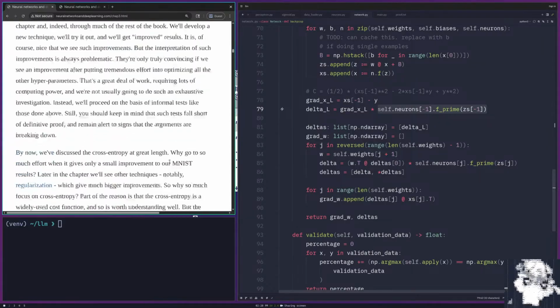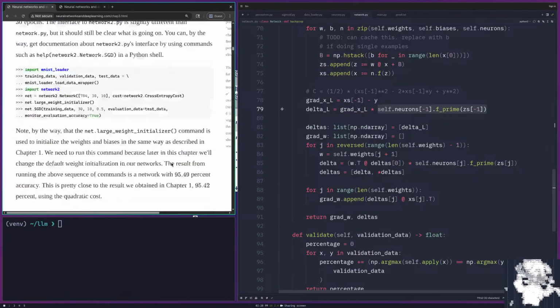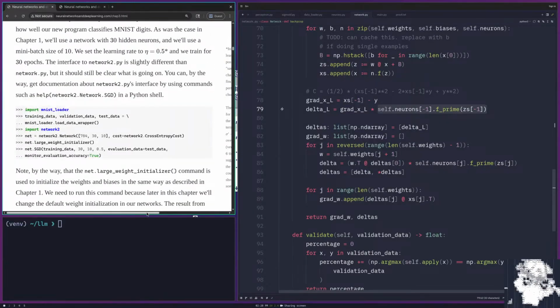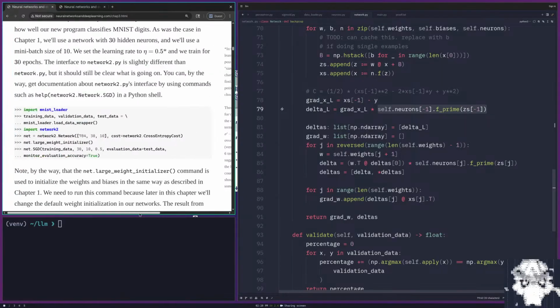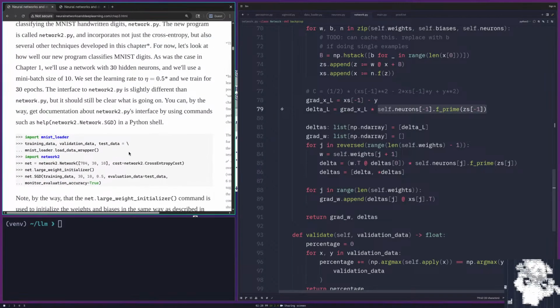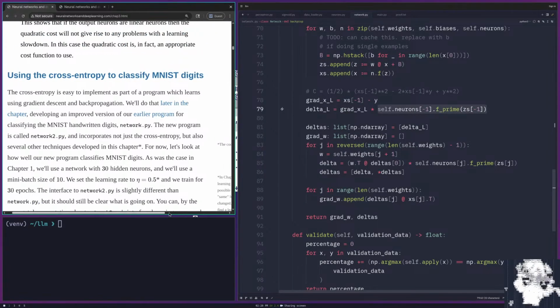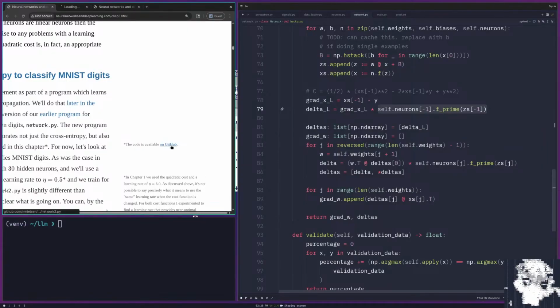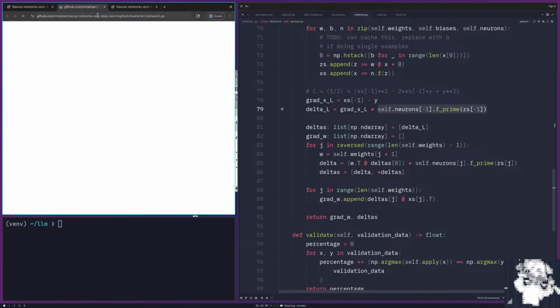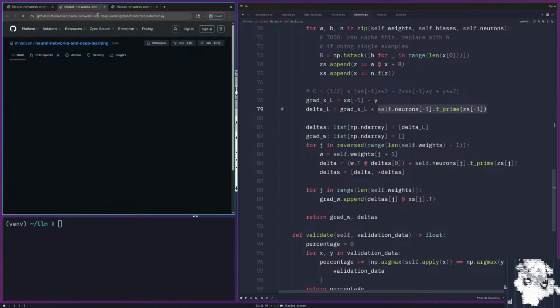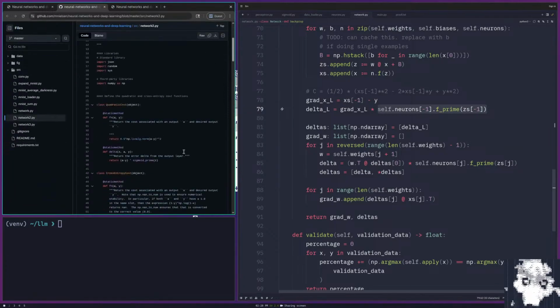Okay, I actually do want to take a peek at his code to understand how cost can be an argument. So let's figure that out. Cost.